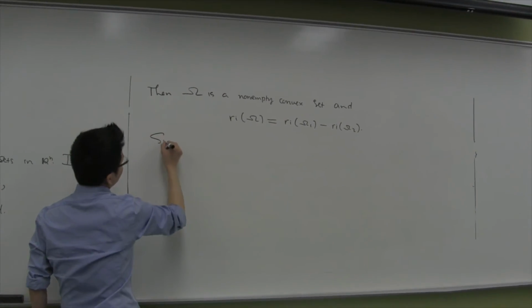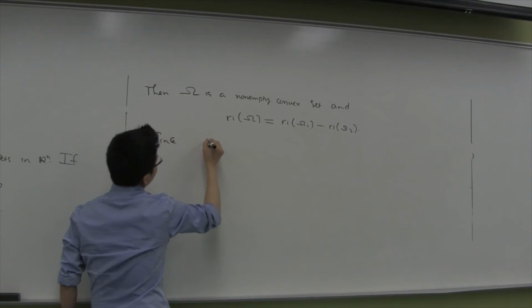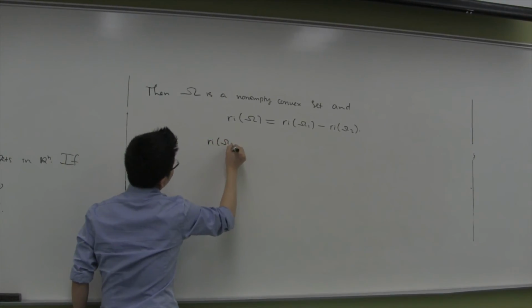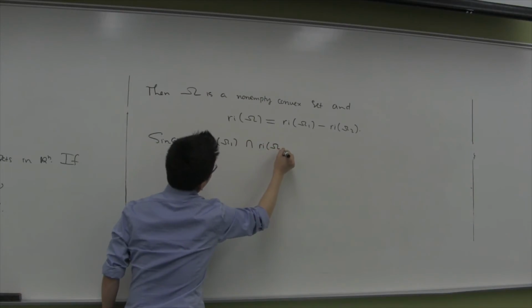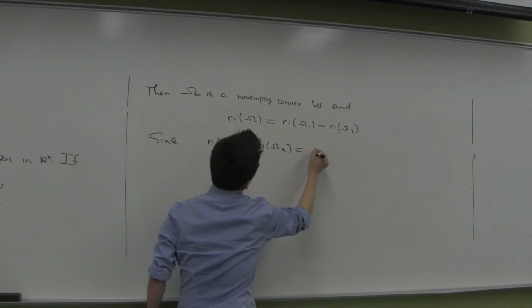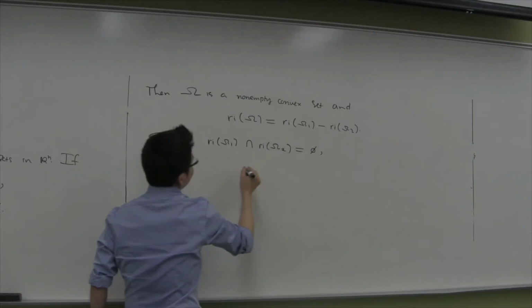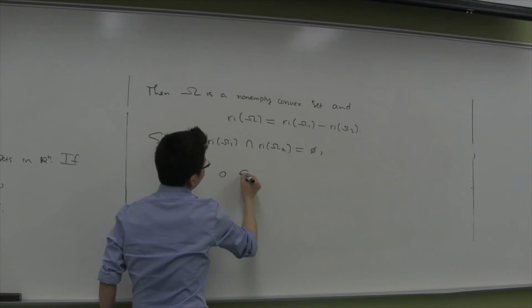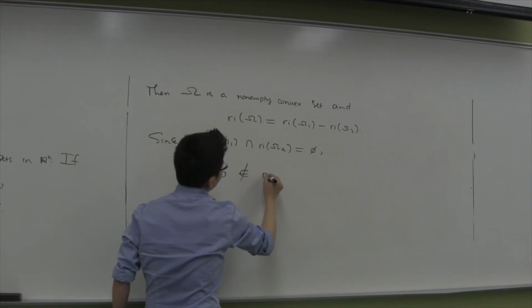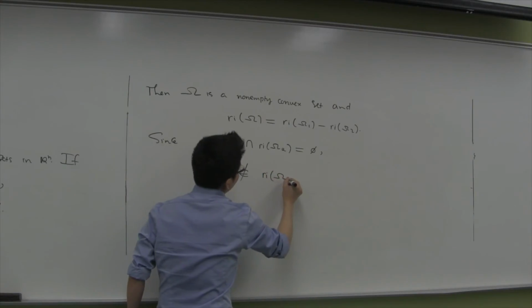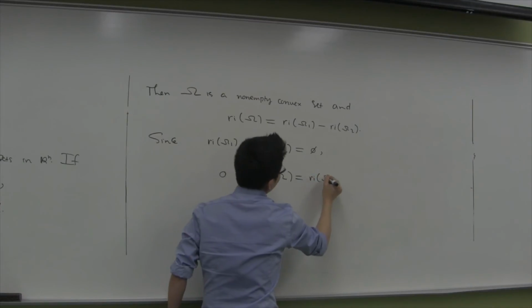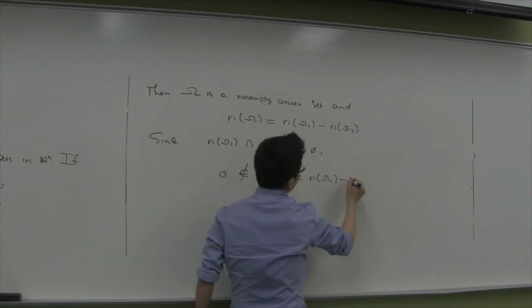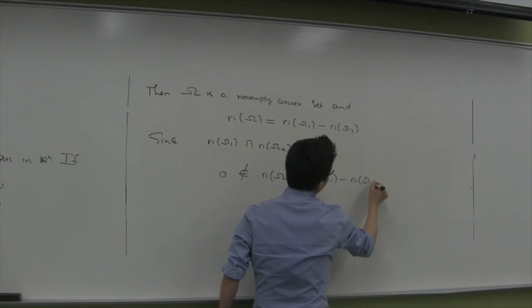Since the intersection of the relative interior of omega 1 and the relative interior of omega 2 is equal to the empty set, we see that 0 doesn't belong to the relative interior of omega, which is the relative interior of omega 1 minus the relative interior of omega 2.